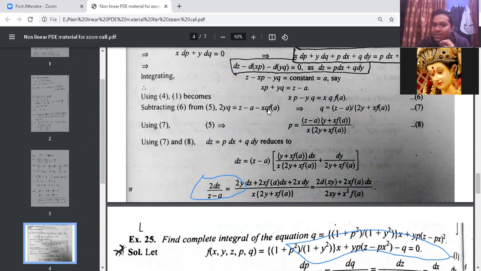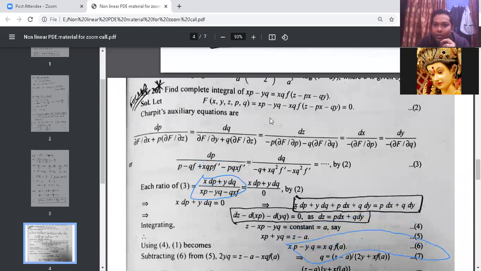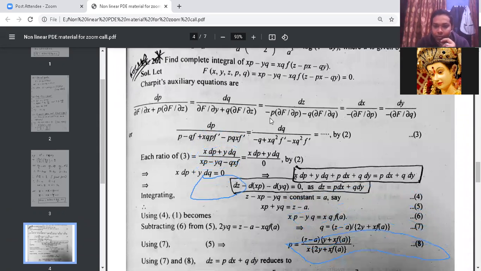Now you can easily find p, and then you can integrate. This question requires a lot of tweaks, so note it down and try this at home again.